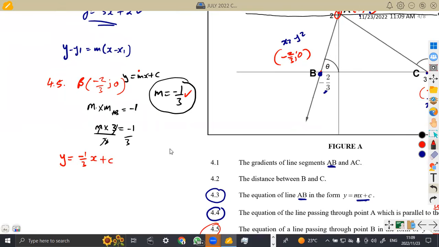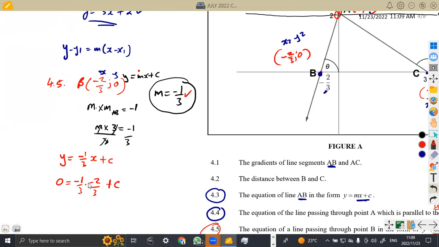So to find c, we are going to substitute the point x and y. This is your x, this is your y. y is equal to 0 when x is equal to minus 2 over 3. So that's minus a third times x, which is minus 2 over 3, plus c.